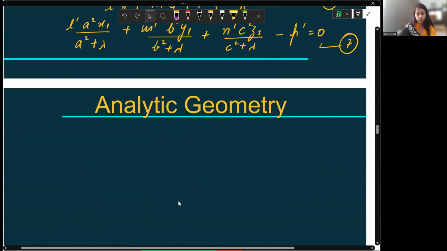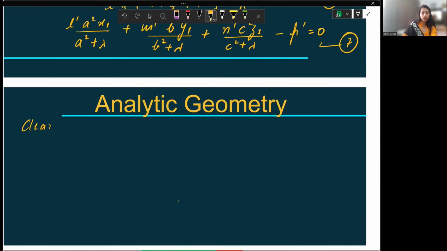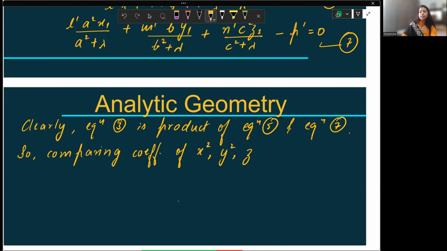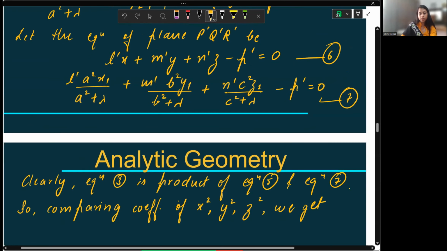So clearly, equation 3 is the product of equation 5 and equation 7. Okay. So comparing the coefficients of x square, y square, z square, we get, okay, that's x1 square, y1 square, and z1 square.